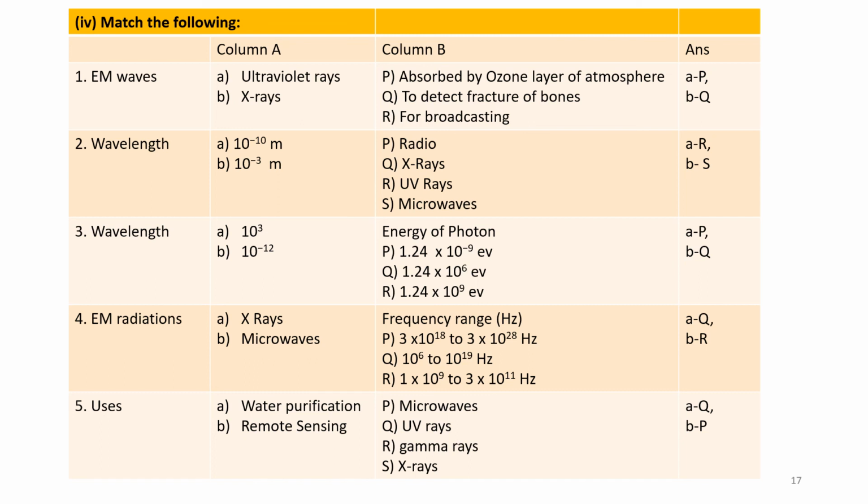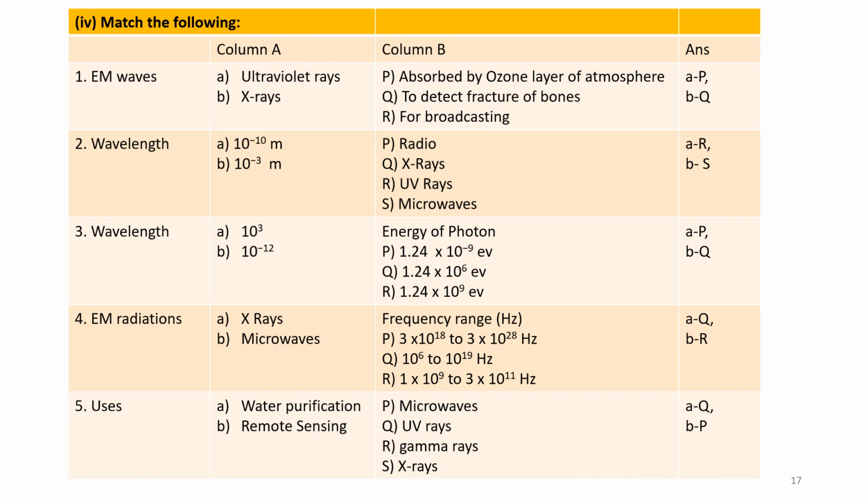So first let us take first question, electromagnetic waves. Two waves are given, ultraviolet rays and X-rays. A is ultraviolet ray and B is X-ray. The three properties given are: P, absorbed by the ozone layer of atmosphere; Q, in column B, is to detect fracture of bones; option R is for broadcasting.